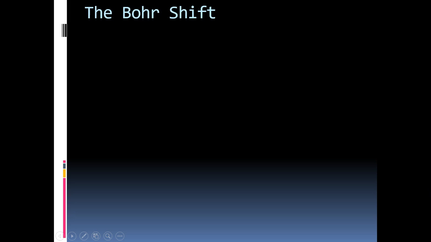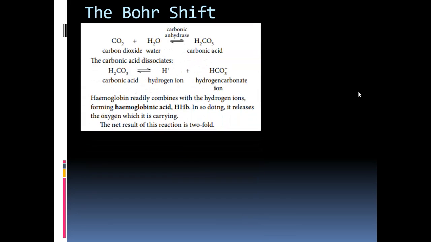So we have learned about the S-shaped curve, and we basically know that the percentage saturation of hemoglobin is directly proportional to the concentration of oxygen, or the partial pressure of oxygen.